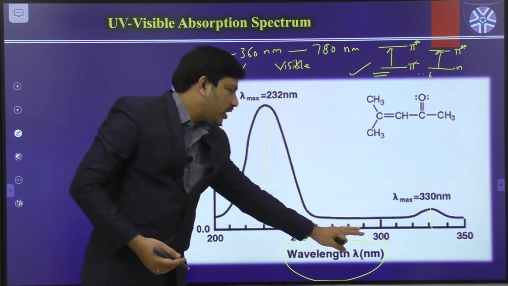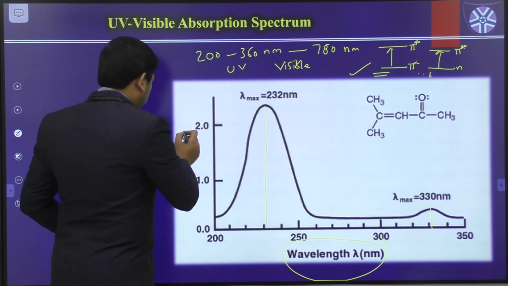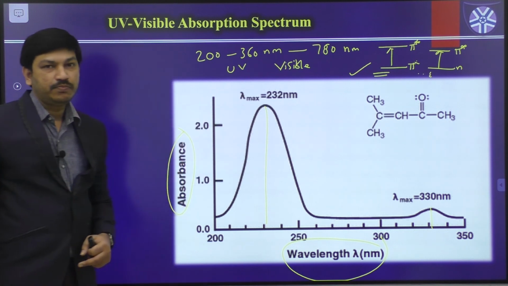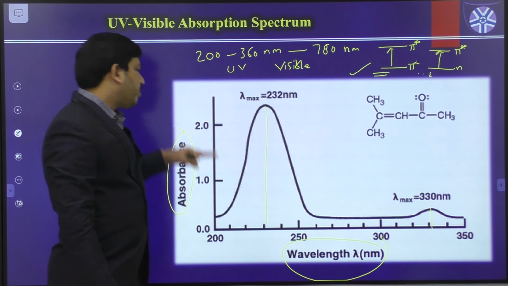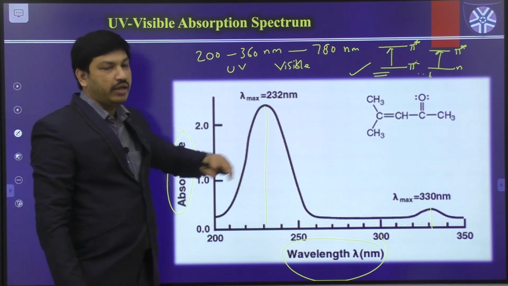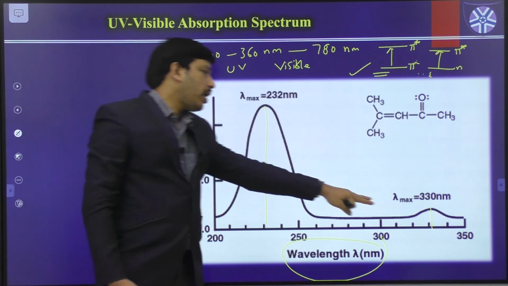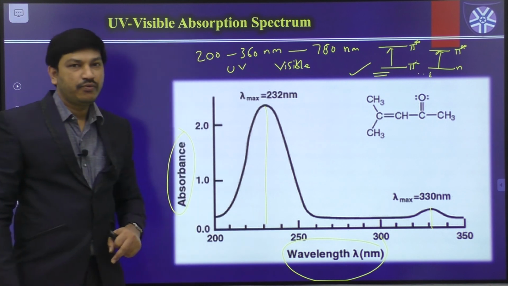Like this, on the x-axis we take wavelength values, and on the y-axis we take the corresponding absorption values, for example absorbing intensity, so 100% intensity or 80% intensity like that.